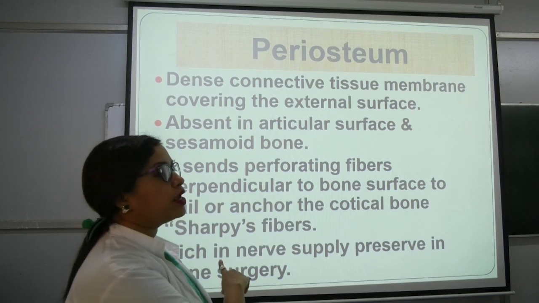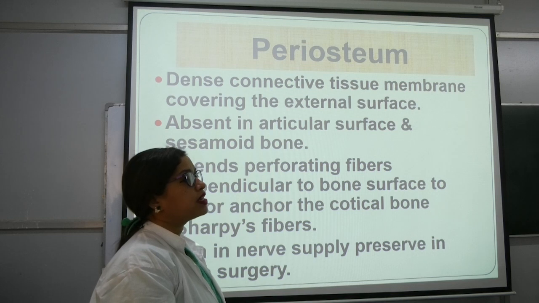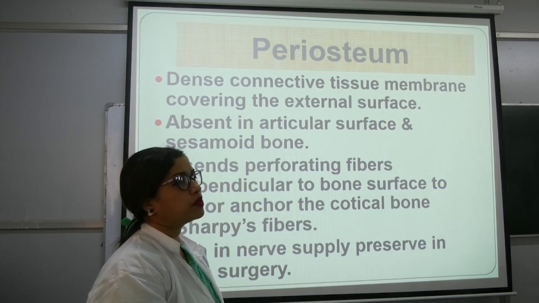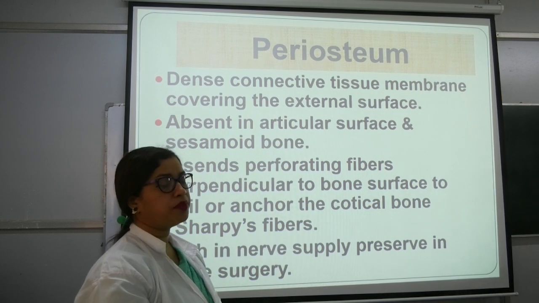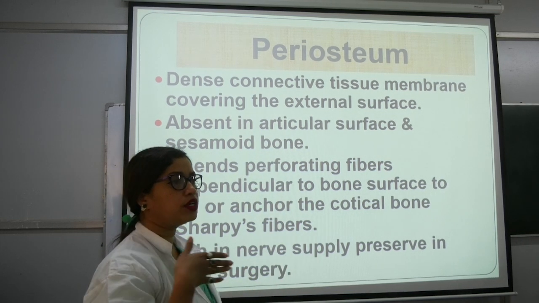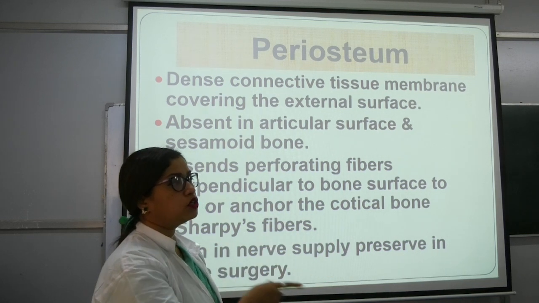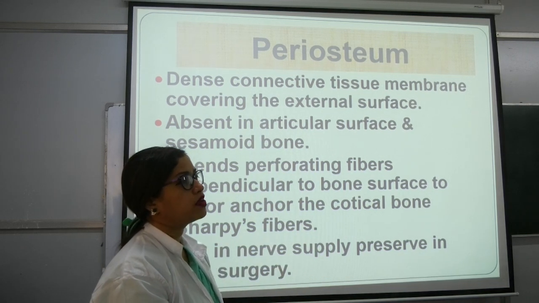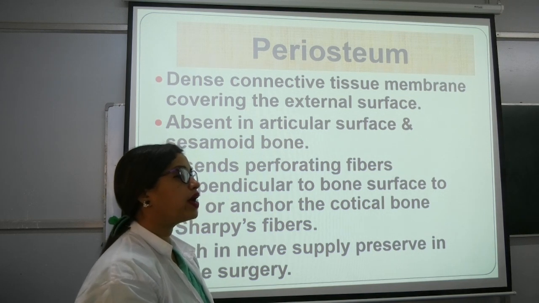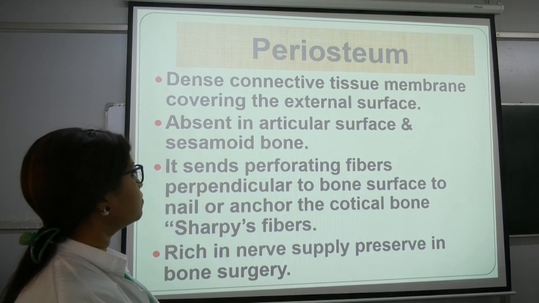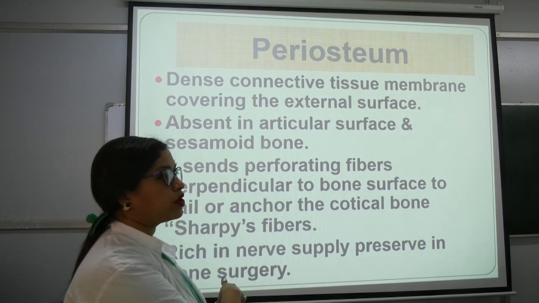And there is one very important MCQ, that is, what are surface fibers? From the periosteum, it sends some kind of fibers towards the matrix. Okay, that is known as surface fibers. So it sends perforating fibers. This is very important, write it down.